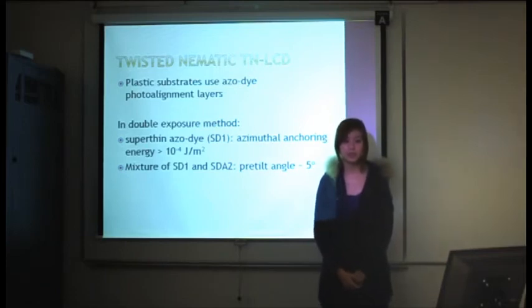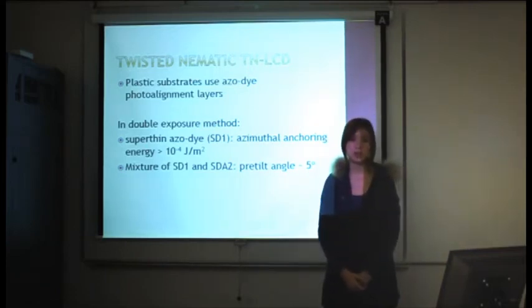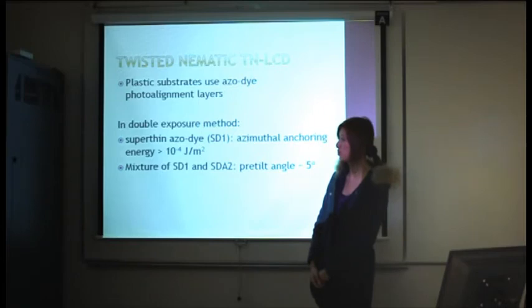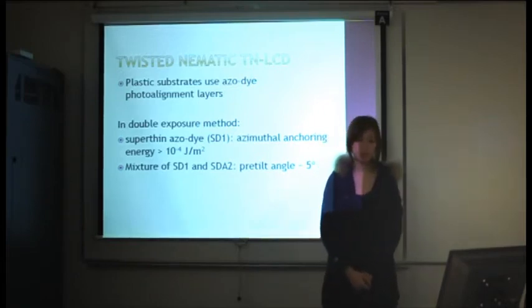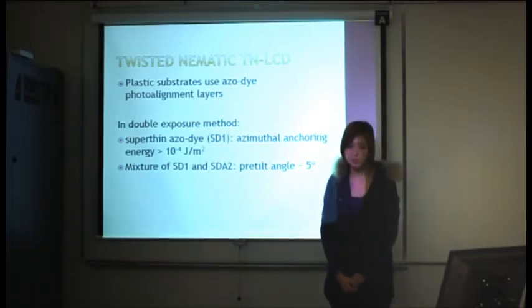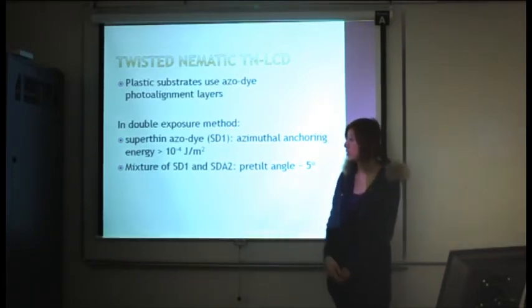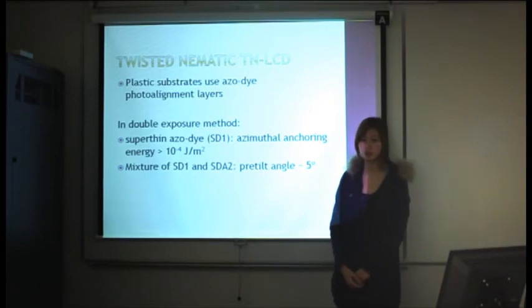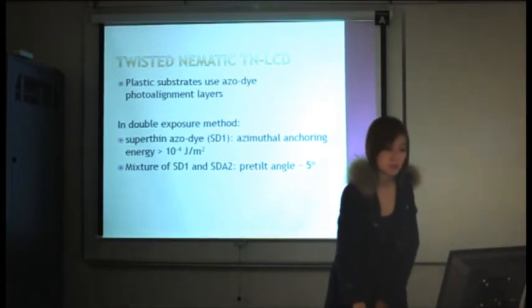Super thin azo dye SD1 will be used because it has high azimuthal anchoring energy, which is larger than 10 to the power negative 4 joule per meter squared. We'll mix it with SDA2 to make the pretilt angle larger, and it will become around 5 degrees.